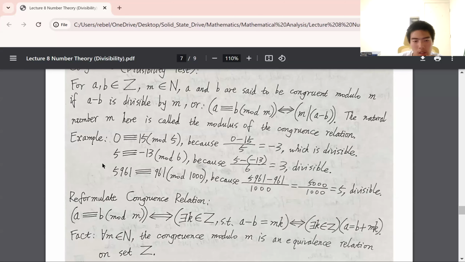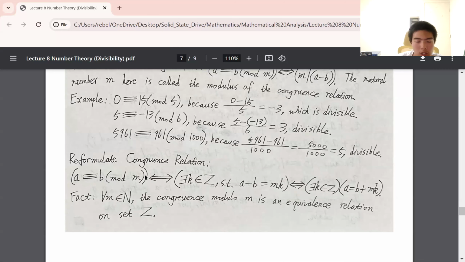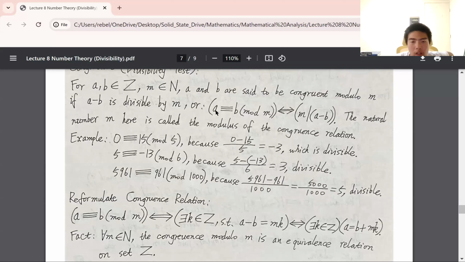And we can always write the congruence relation in some other ways. In the definition, this notation is usually very hard to think of when you first look at it. So you might need to look at it several times over several days to recognize what it means, so that next time you see it, you know the meaning of it.